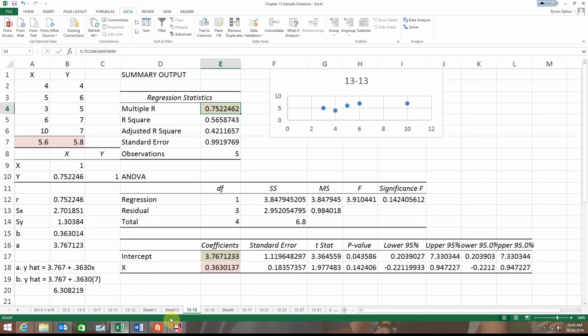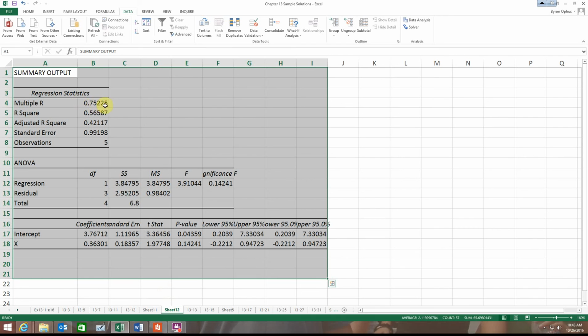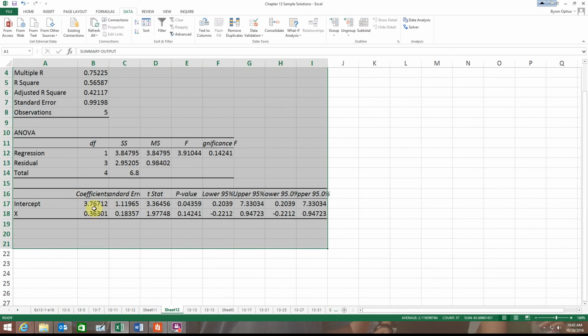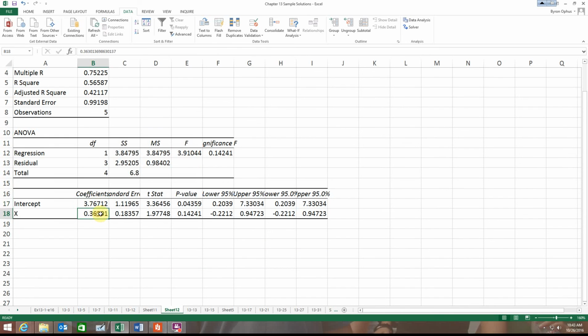Is that what I came up with on this new one? I hope so. Yeah, 0.75225. It gives us some more information that we don't need right now, but that we're going to be using. But here's my y-intercept, and here's my b, or my slope. So there you have it, 13-14.